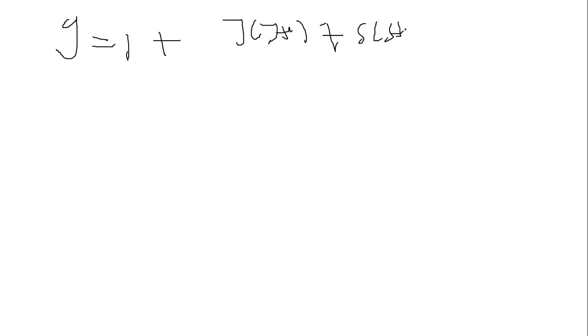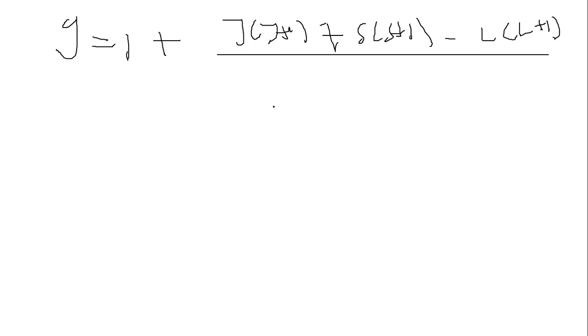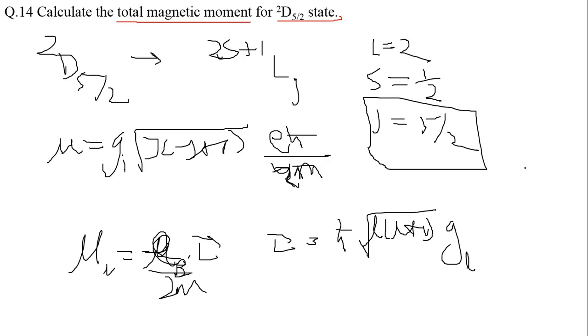The expression for g is given by 1 plus J into J plus 1 plus S into S plus 1 minus L into L plus 1, divided by 2 J into J plus 1. So here we have J equals 5 by 2, S equals half, and L equals 2.